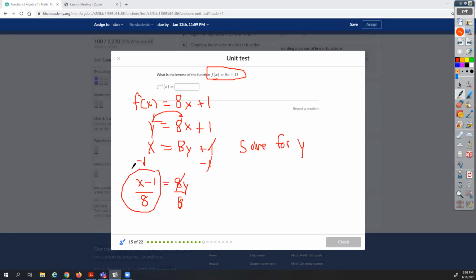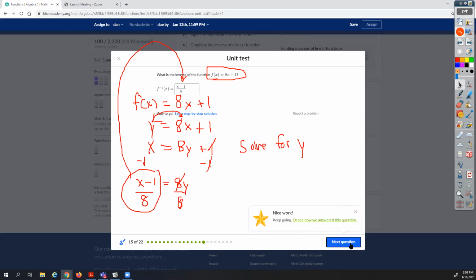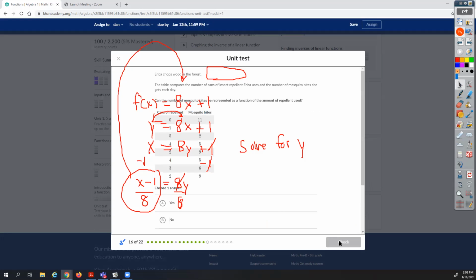This right here goes in here. So let me go ahead and plug that in. That's the inverse. So here we go: x minus 1 on top, and the denominator is 8. That's it. All right. That's pretty simple. Next question.